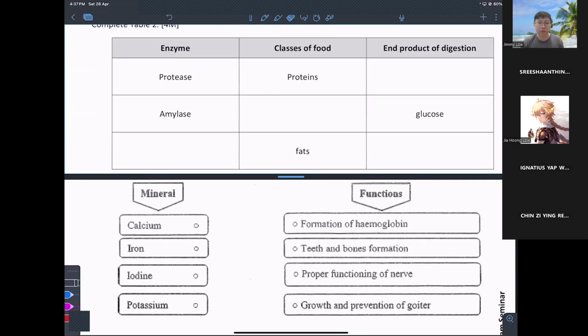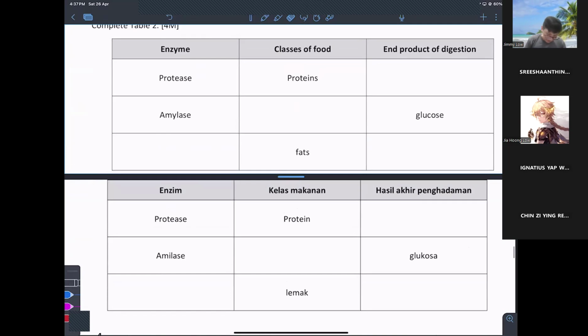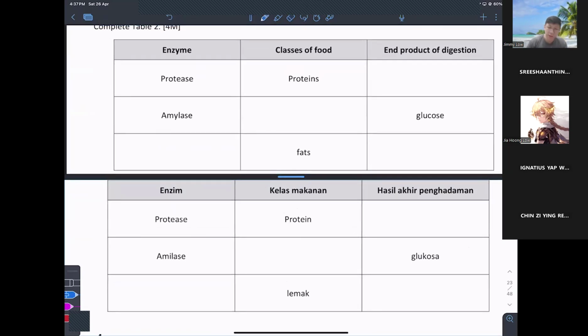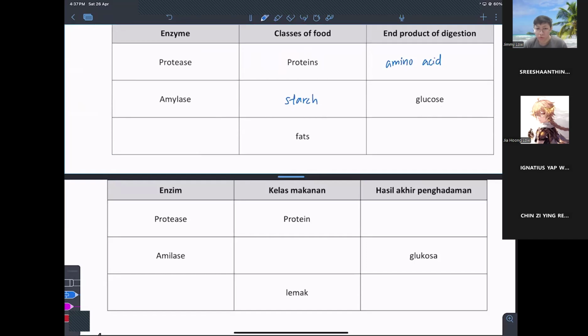Okay, so yeah, the enzymes we have to go through as well. The enzyme is protease. So this is what I showed just now. Protein, in the end, gets digested into amino acid, asid amino in Malay lah. So very similar. I just write in English lah. Okay, amylase digests starch, kanji, into glucose.